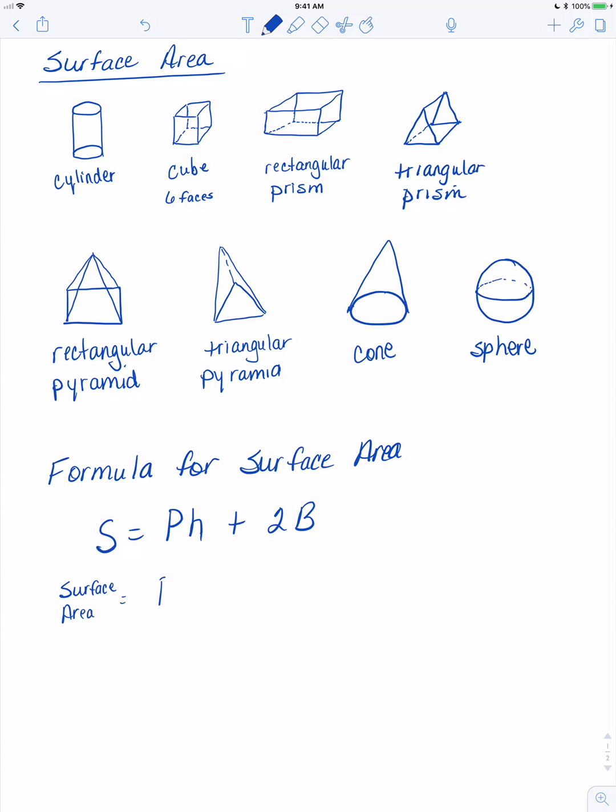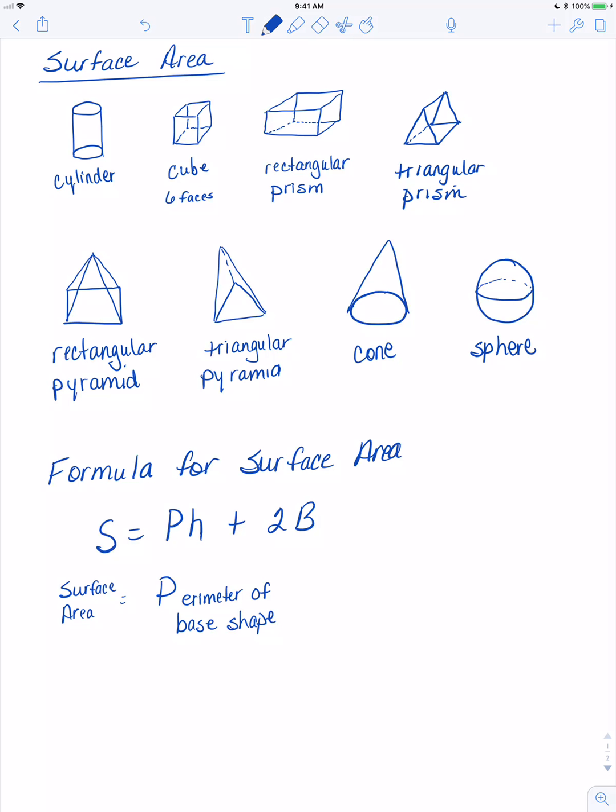The big P stands for the perimeter of the base shape. So notice if we say it's a cylinder, then the base shape of a cylinder is a circle, so that is circumference.